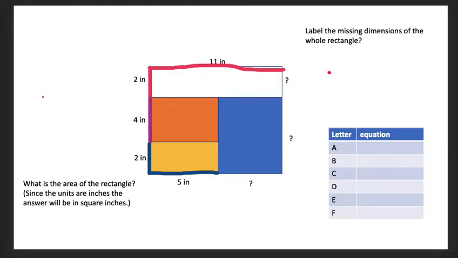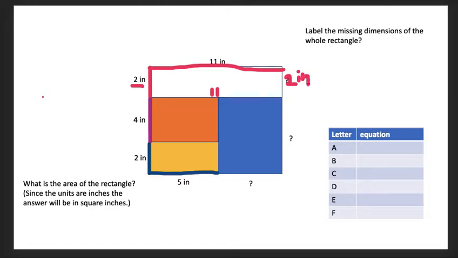Now, we had to find the missing dimensions. We can just see with our eyes what some of these missing dimensions might be. This white rectangle, we know that this opposite side would be 11. So I'm going to put an 11 right there. And also, on the opposite side of this 2, this side has to be the same length. So it is 2 inches.